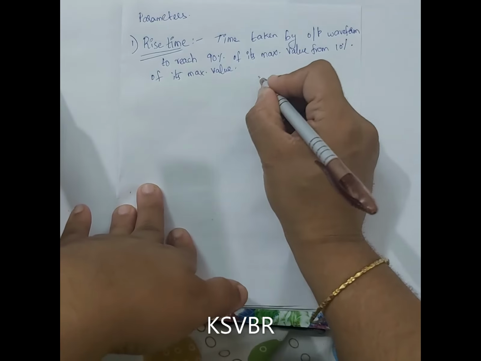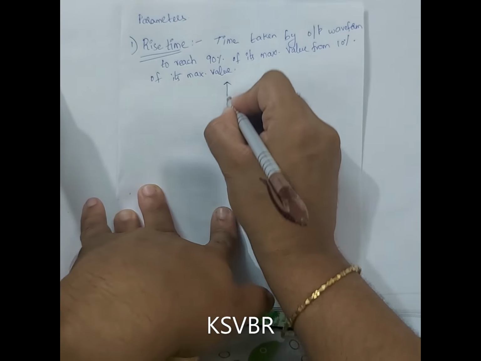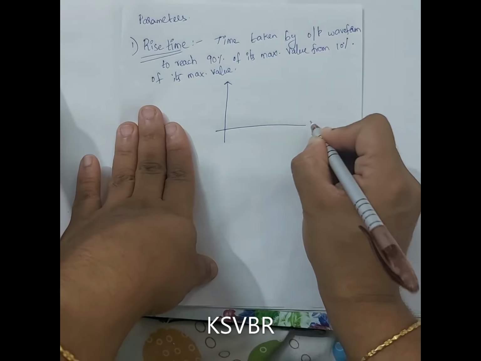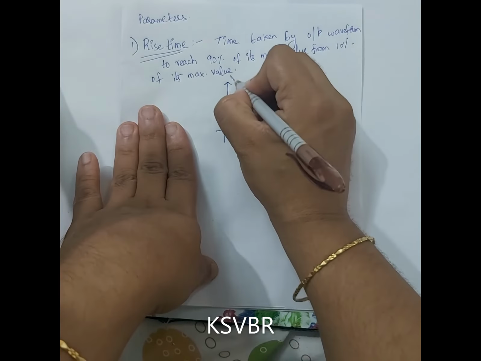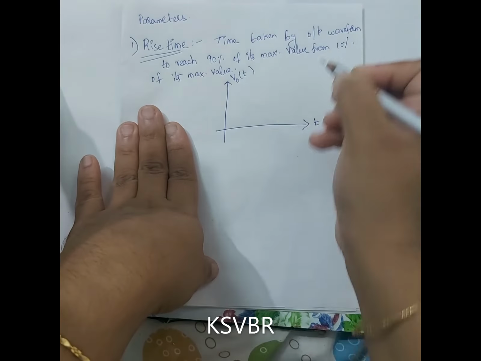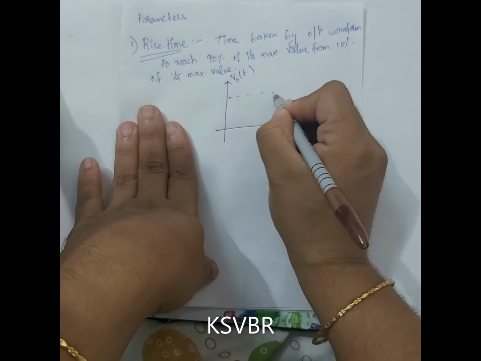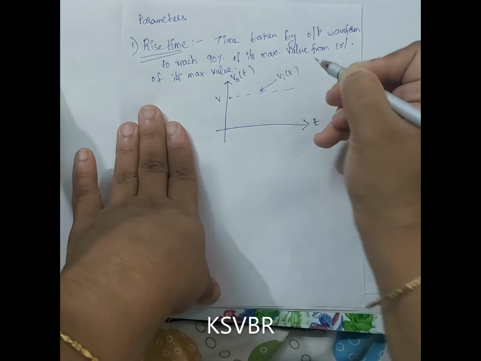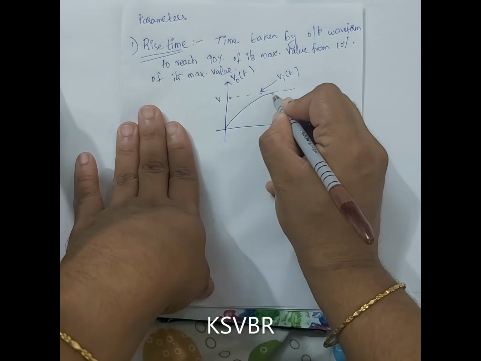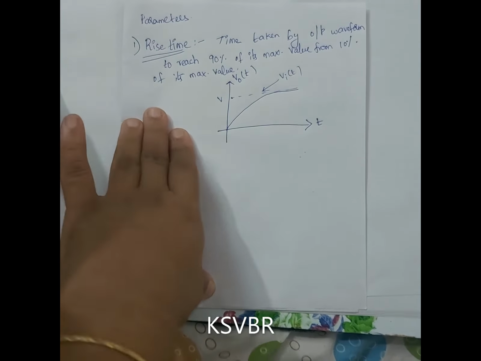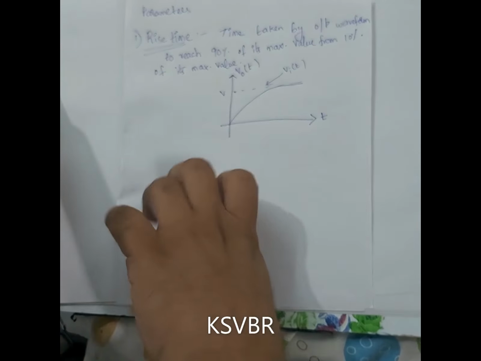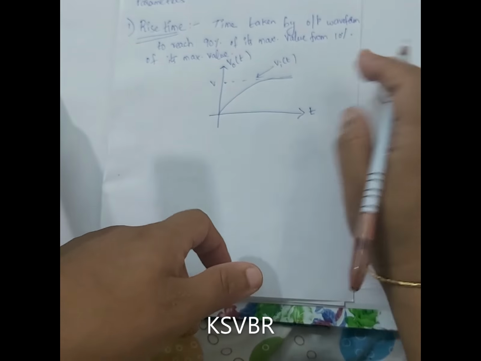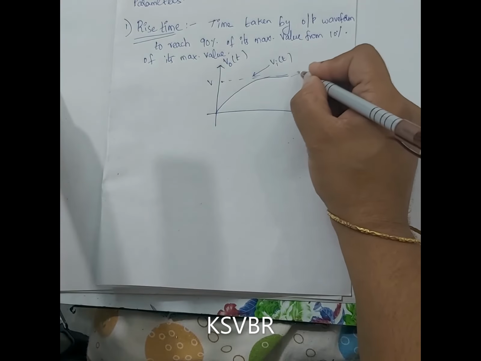That means, see here, this is the graph V0 of t. If this is V and this dotted line represents our input, what output did we get? Exponentially increasing signal. So what is the maximum value of this exponentially increasing signal? V is the maximum value.